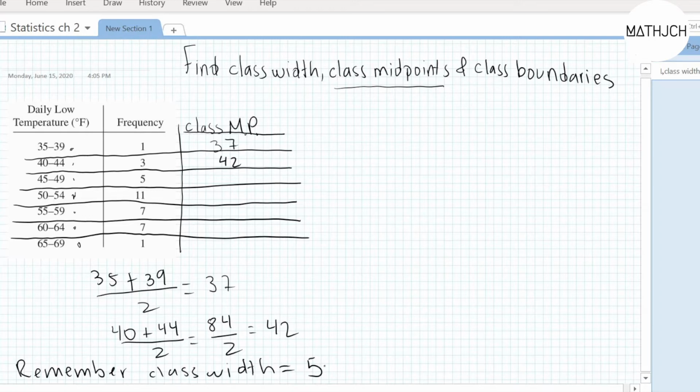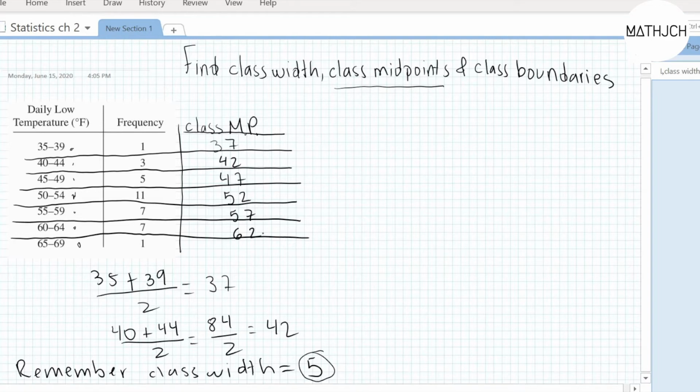So this also applies to our class midpoints. Notice, what's the difference between the first class midpoint and the second class midpoint? It's 5. So to find the next class midpoint, we just keep adding 5. 42 plus 5 gives us 47, plus 5 gives us 52, plus 5 gives us 57, and then our next midpoint plus 5 gives us 62.